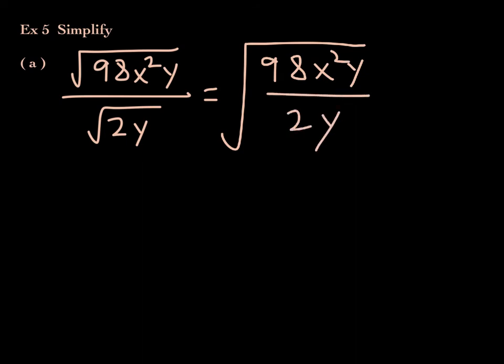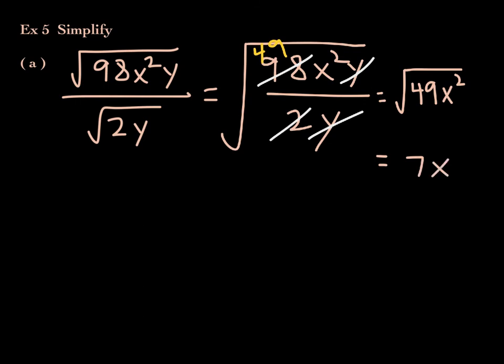But anyway, y divides out with y, and 2 goes into 98 forty-nine times. So this turns out to be the square root of 49x squared, which is 7x. Look how nicely this expression, which looks pretty complicated, simplifies to just 7x.